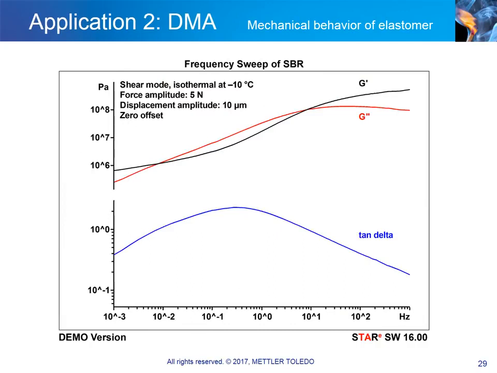The mechanical properties of materials change with temperature and frequency. For many applications, this has a crucial bearing on their performance. Therefore, the frequency dependence of the modulus and damping, as seen by tan delta, are extremely important.